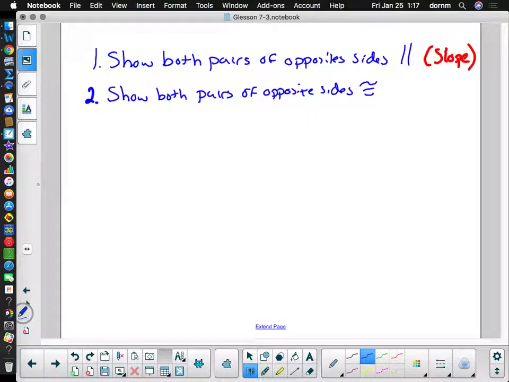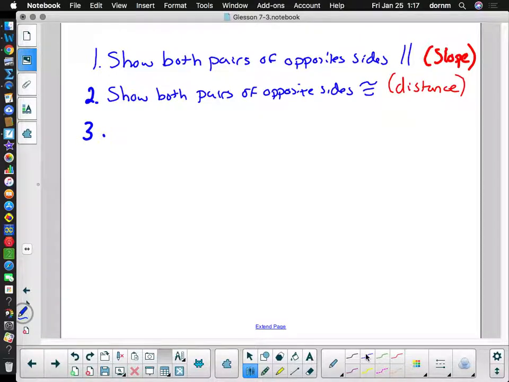Distance formula, yeah. So in order to show things are congruent, we need the distance formula. If we're working in the coordinate plane, I can measure the lengths of all four sides using the distance formula and show that sides are congruent. If I can show both pairs of opposite sides are congruent, it must be a parallelogram.